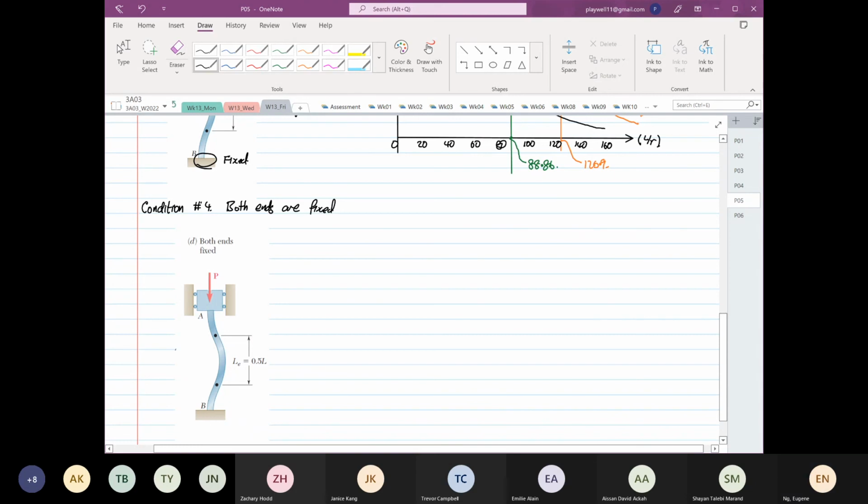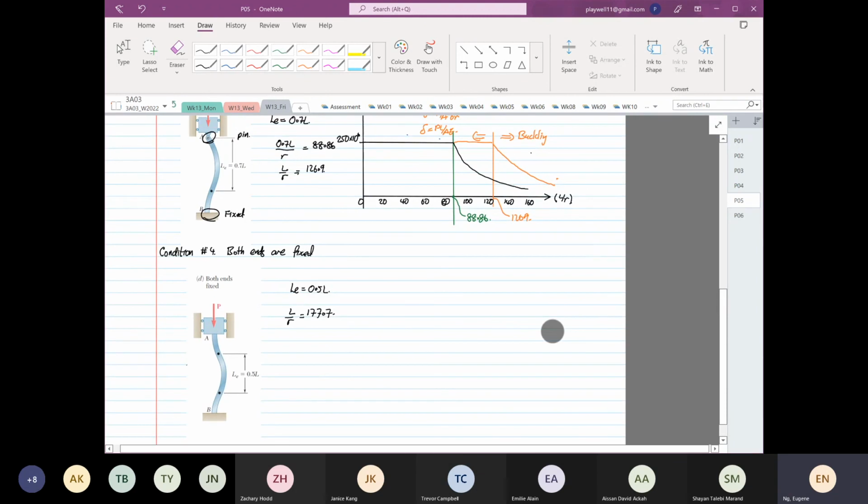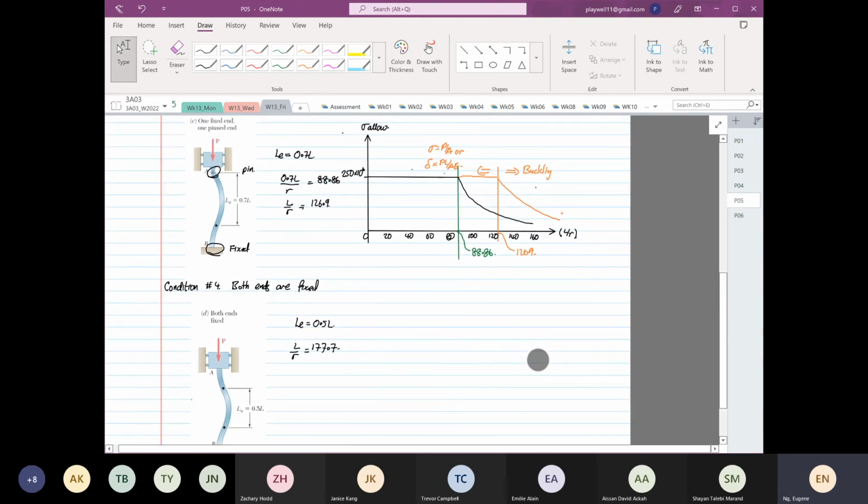In this case, the LE is equal to 0.5 L. So the L over R ratio now is equal to what? 177.7. So it's so much more resistant to buckling.